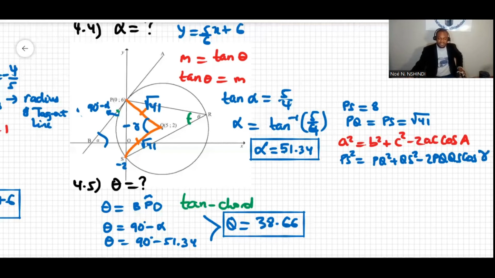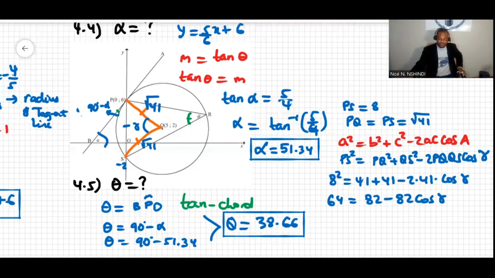So now PS squared is 8 squared, equal to PQ squared, which is 41, plus 41, minus 2 times root 41 times root 41, which makes 41, times cos of the angle gamma. 8 squared is 64. 41 plus 41 makes 82, minus 82 cos gamma.